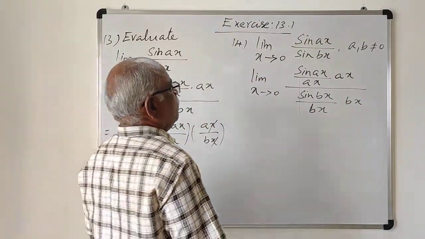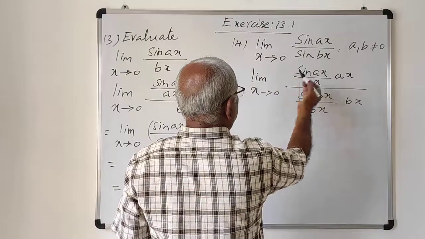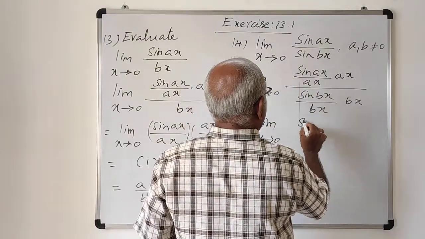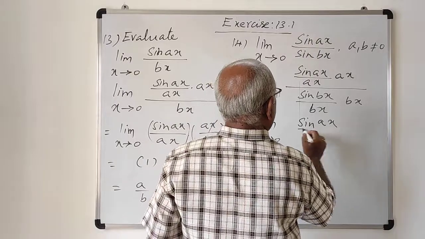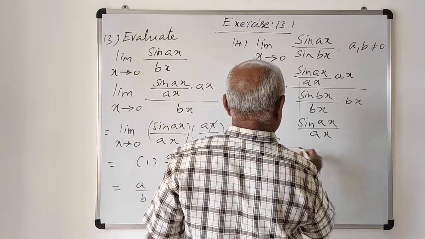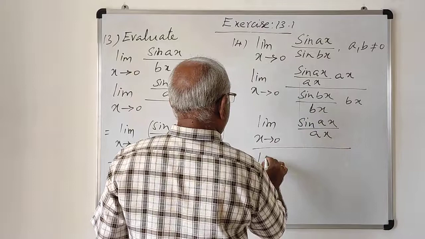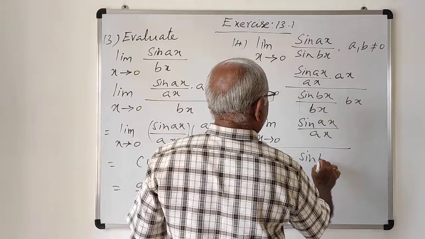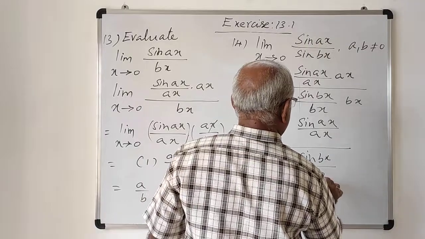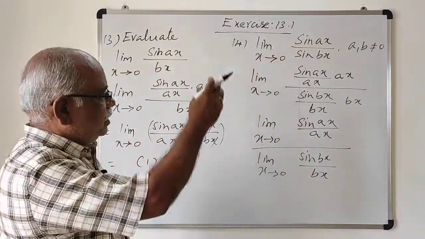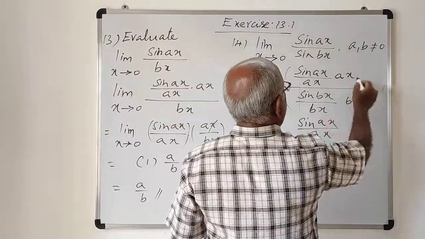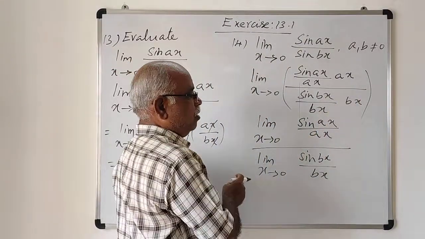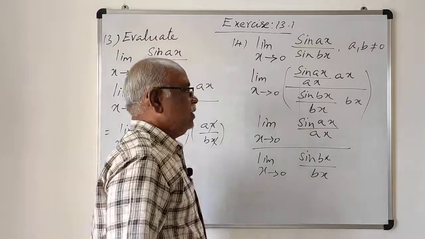Here also, I can split this limit into two limits. Limit x tends to 0 of numerator sin ax by ax, divided by limit x tends to 0 of denominator sin bx by bx. I can split the entire limit into the numerator limit and the denominator limit and apply the limit separately.